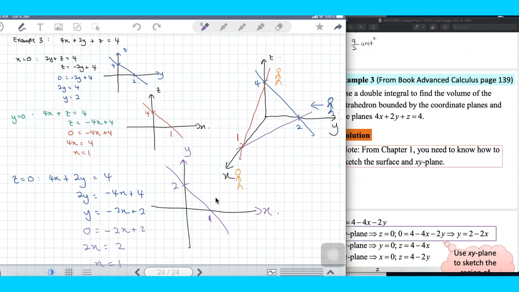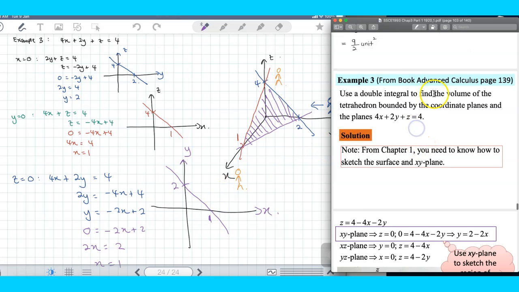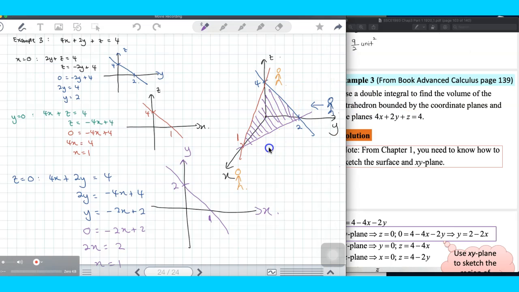The tetrahedron is a surface. It is a flat plane, and that is what the surface looks like. It is actually an open surface, but according to the instruction here, we need to find the volume. If you have just an open surface like this, the volume does not exist because it is open.